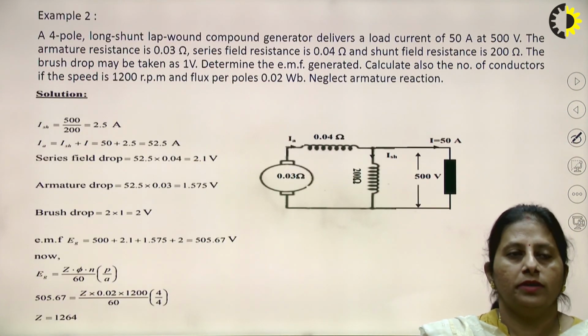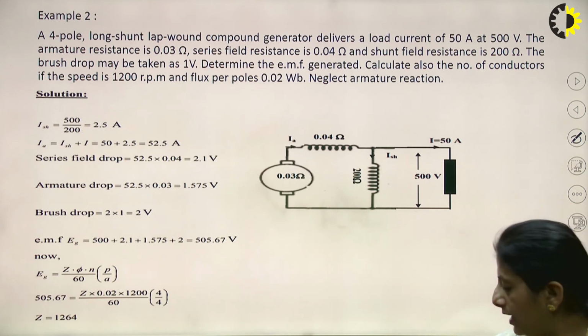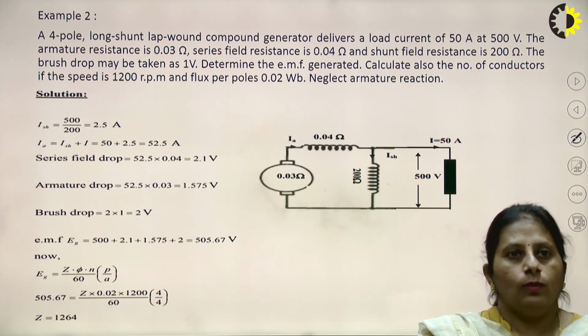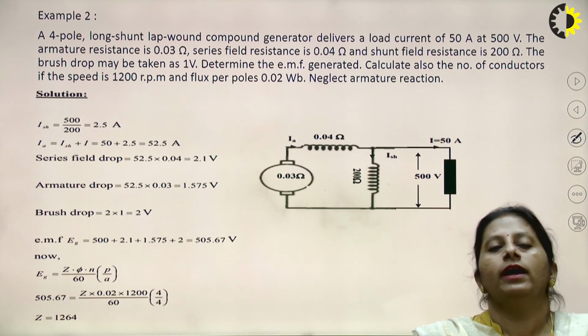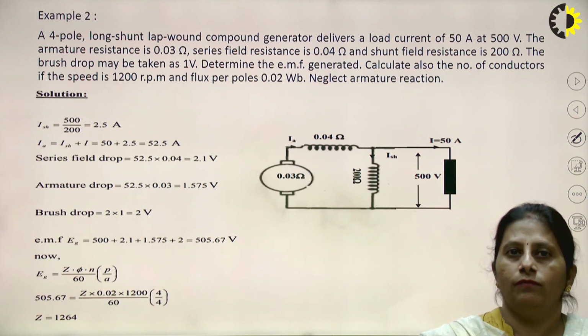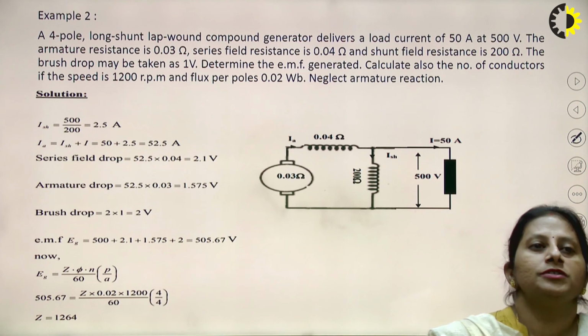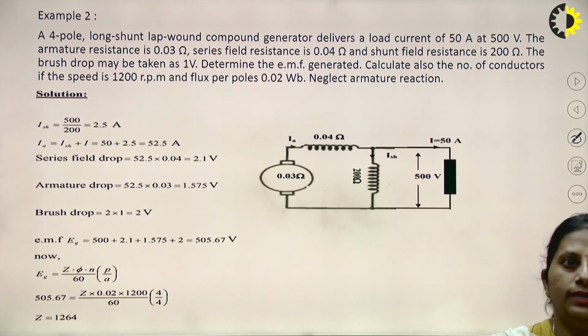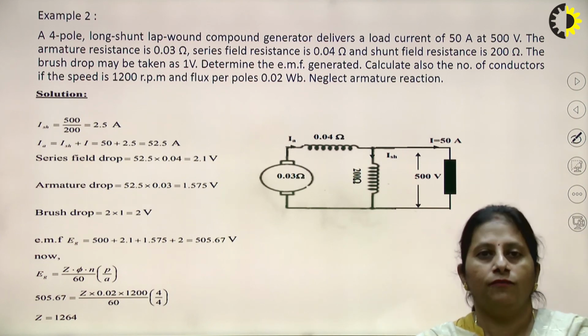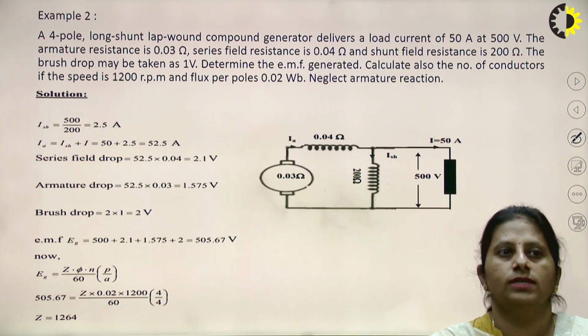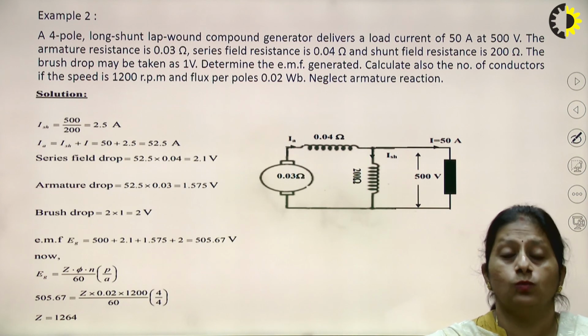Going with another numerical quickly: a 4-pole long shunt lap wound compound generator delivers a load current of 50 amperes at 500 volts. The armature resistance is 0.03 ohms. The series field winding resistance is 0.04 ohms. Shunt field resistance is 200 ohms. The brush drop may be taken as 1 volt.